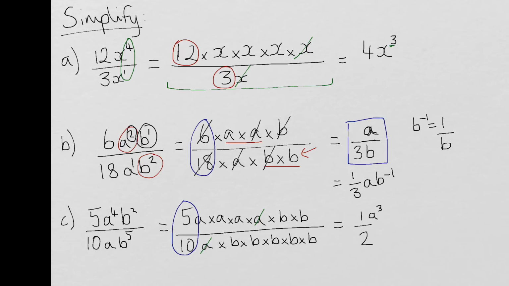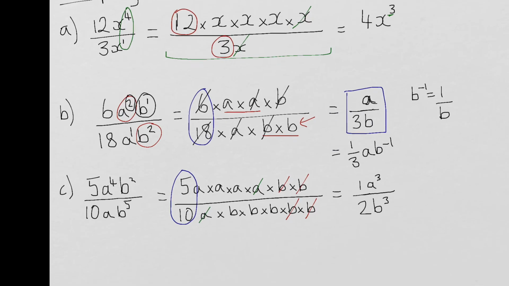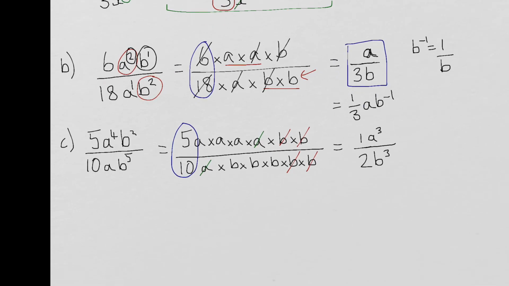And then if I look at cancelling out the b's, I'm left with b to the power of 3, but that's in the denominator. So 2b to the power of 3. So I could rewrite this then as a cubed over 2b cubed.